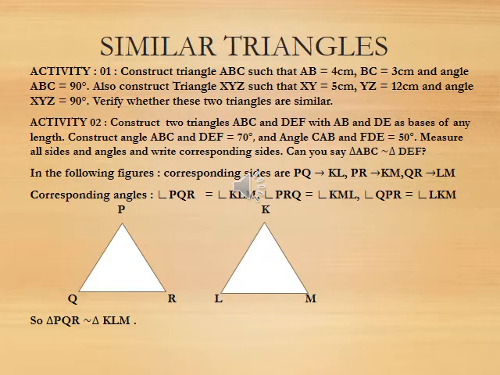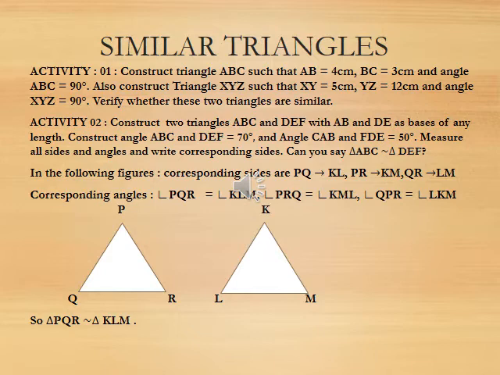Here we have two activities to construct similar triangles. So carefully read them, activity 1 and activity 2. Try to construct two triangles in each case and try to find whether they are similar. What you are supposed to do is just find the corresponding sides and corresponding angles. Again, there is an example.